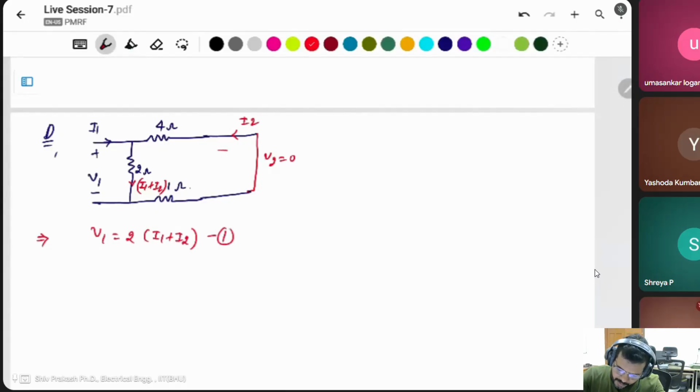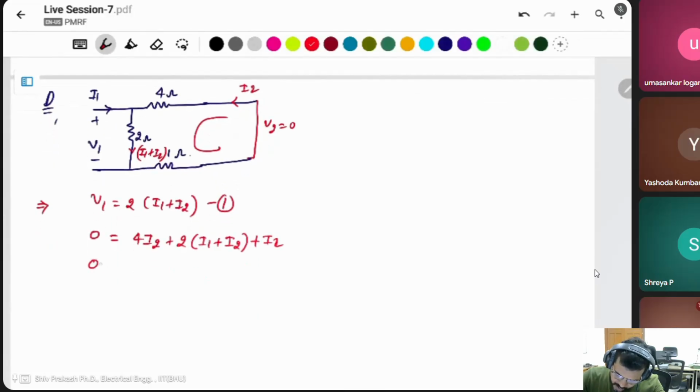Same, you can apply KVL in this loop. V2 will be 0. This will be 4 I2 plus 2 times I1 plus I2, plus this 1 is I2. So 4 I2 plus 2 I2 plus I2 is equal to 7 I2 plus 2 I1.